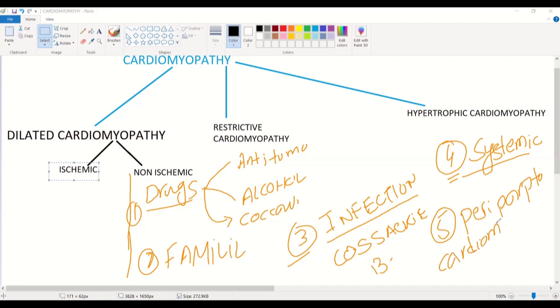Peripartum cardiomyopathy basically affects the last month of the pregnancy and the 5 months after the delivery. This is the most susceptible time, where the risk is highest in this last 1 month and 5 months after the delivery.